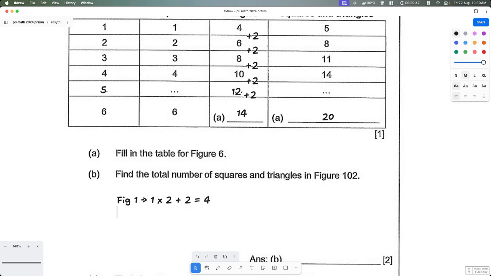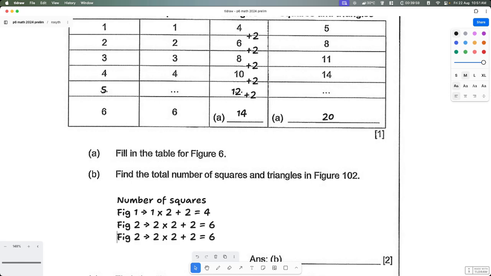Then figure 2, this is for number of squares. So for 2 will be 2 times 2 plus 2, this will be 6. And figure 3 will be 3 times 2 plus 2 will be 8.